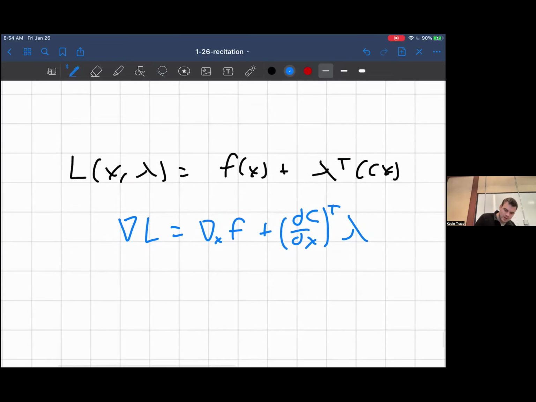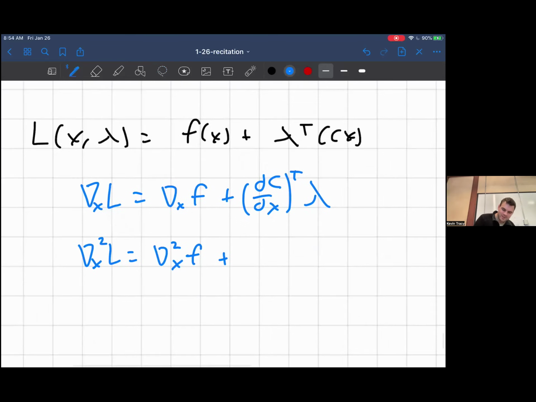Here's the gradient. Now what's the Hessian? This is the Hessian of the cost function. And then we have this d dx of dc dx transpose lambda.